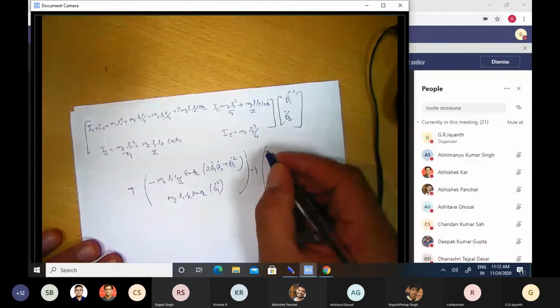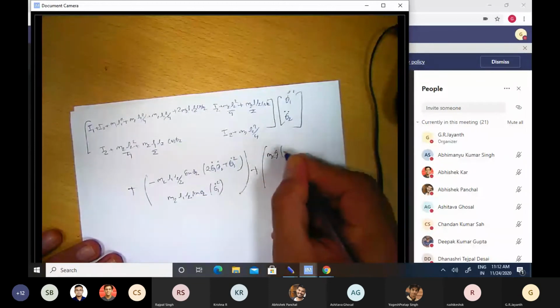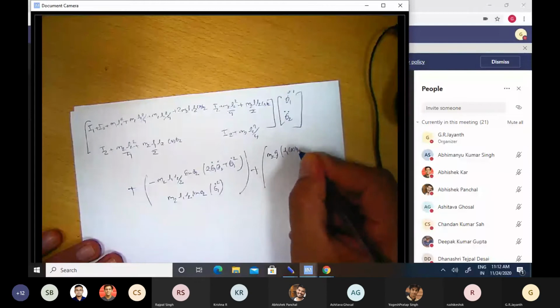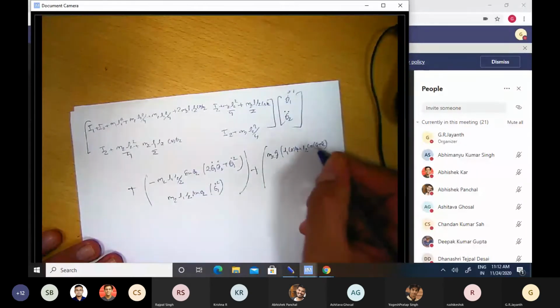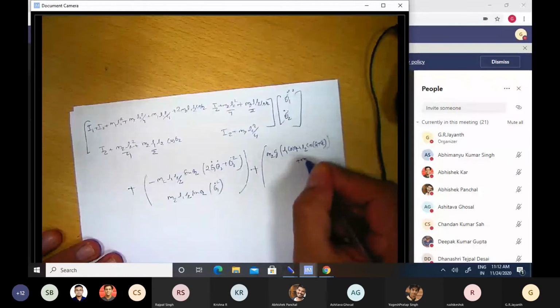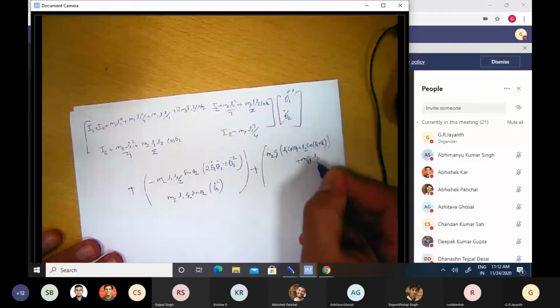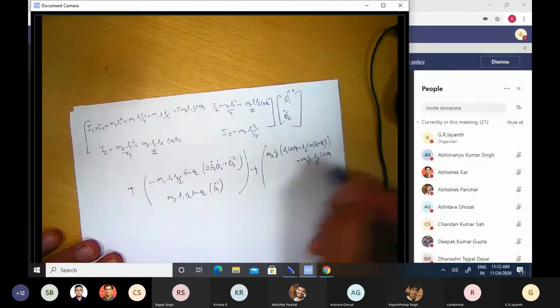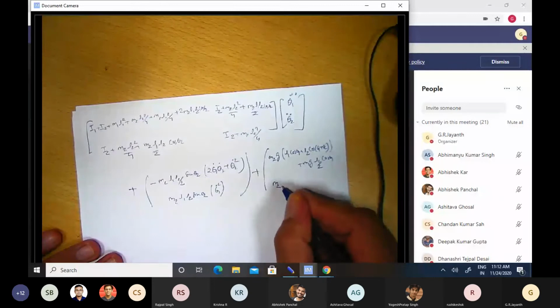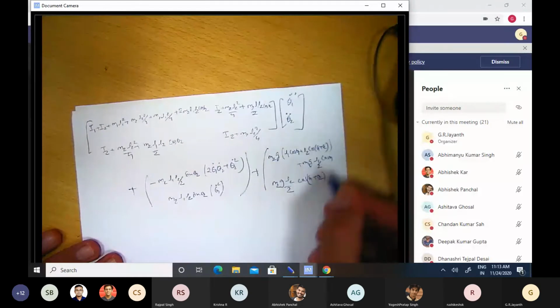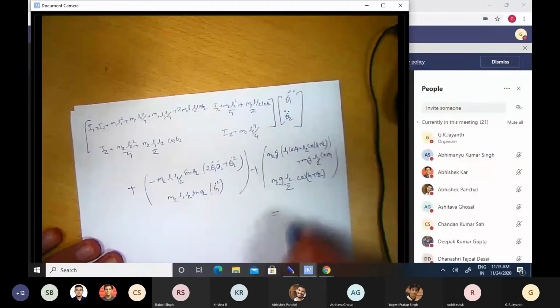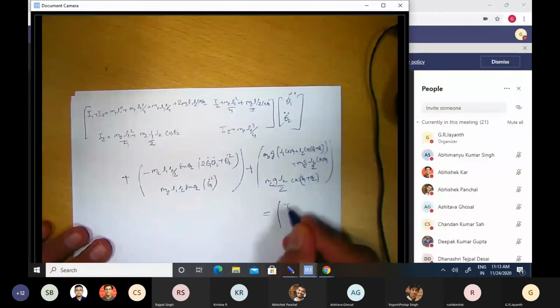From that you get M2 G times L1 cos θ1 plus L2 cos of θ1 plus θ2, plus M1 G L1 by 2 cos θ1, and M2 G L2 by 2 cos θ1 plus θ2, and that's going to be equal to the joint torques τ1 and τ2.